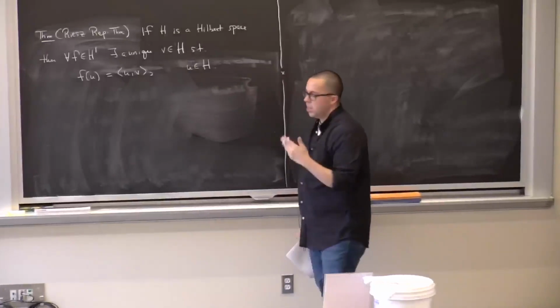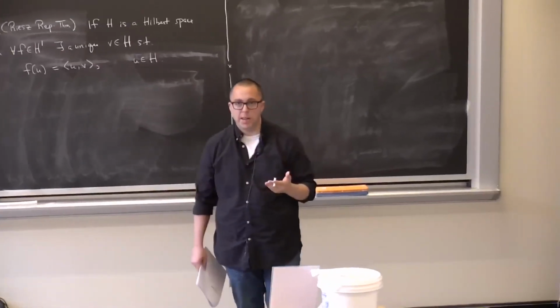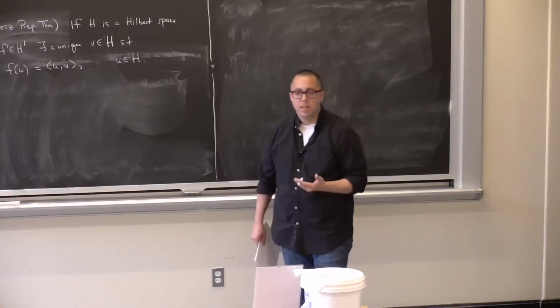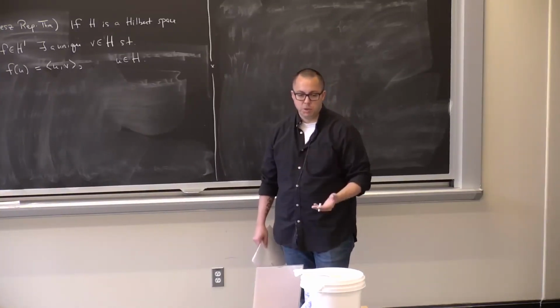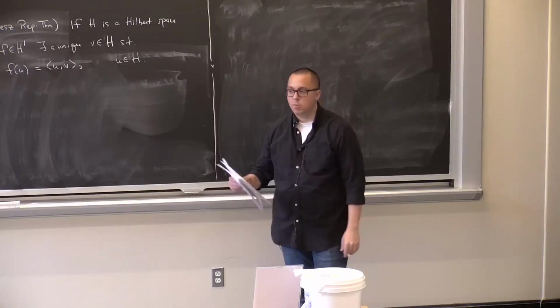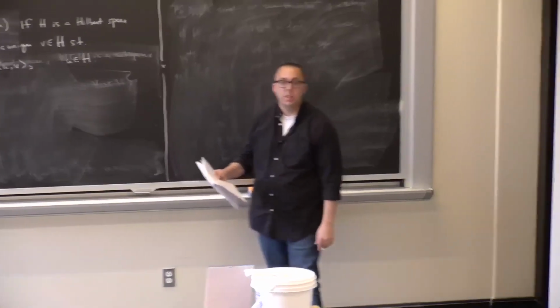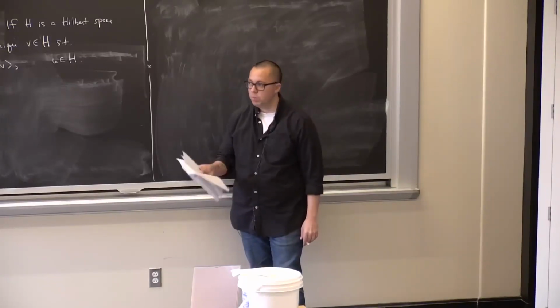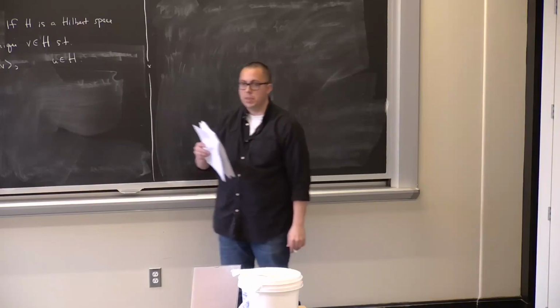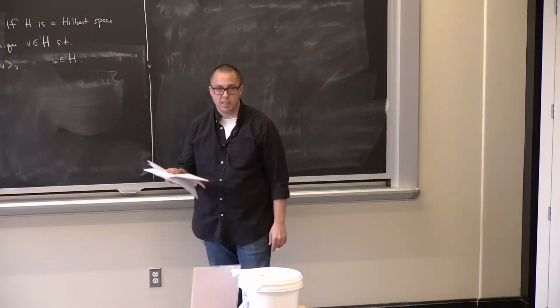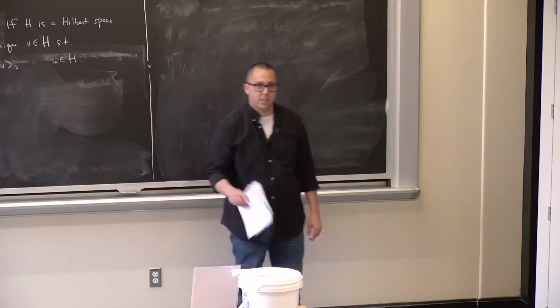Okay? Now, we saw this in a certain form already, I think in the first or second assignment, when you proved that the dual space of little lp is little lq, where 1 over p plus 1 over q equals 1. When p equals 2, q is 2. So you saw that the dual space could be identified with itself when we're looking at little l2, which is the only Hilbert space out of all the little lp's.